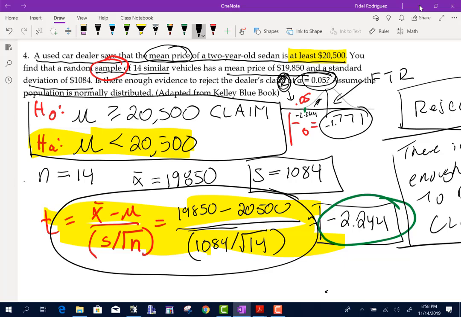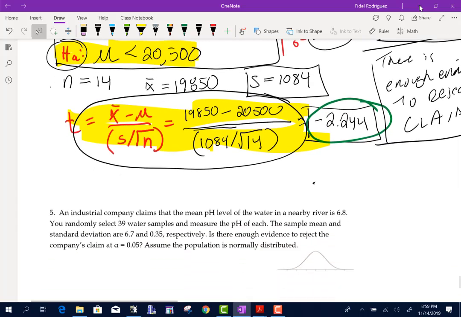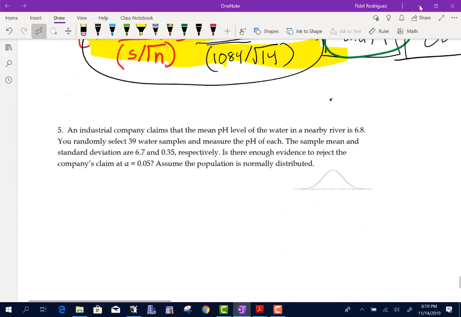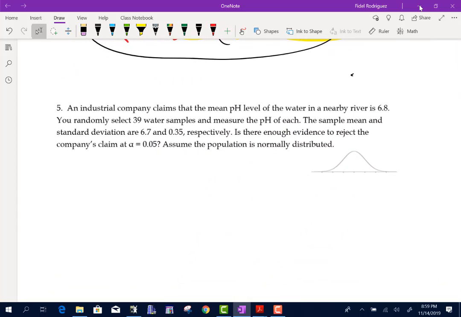Your t0. Okay. Well, that's what we got to figure out. Is it going to be a left tail test, right tail test, or two tail test? And remember, the way I know that is by looking at my Ha, right? Does that make sense? Okay, so look, guys, let's do one more, because I think there's one more on the next page here. Let's see if we can figure this thing out, okay?